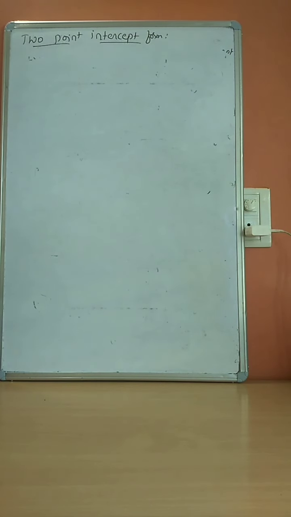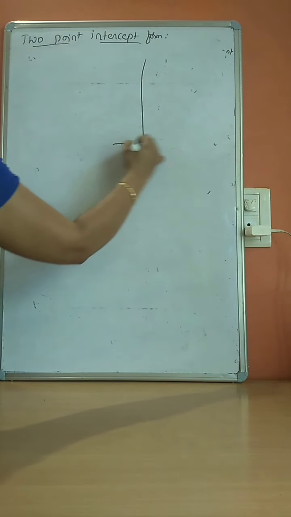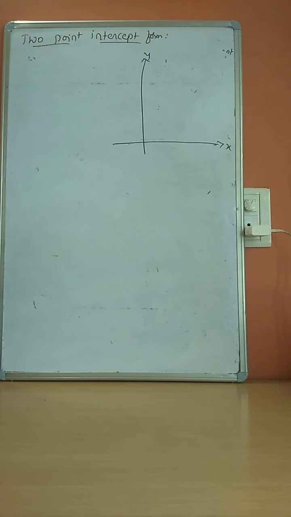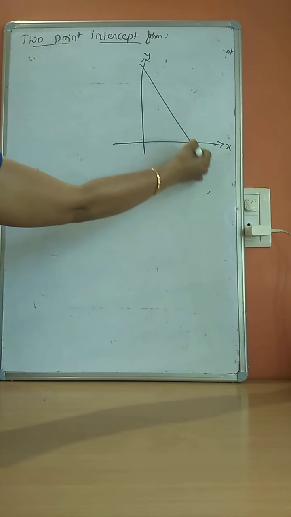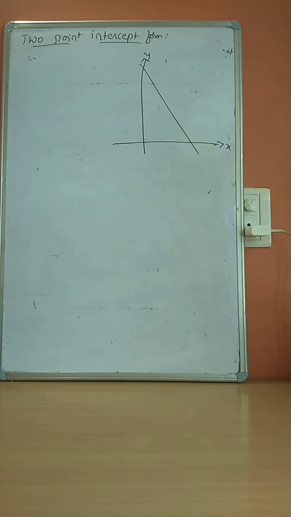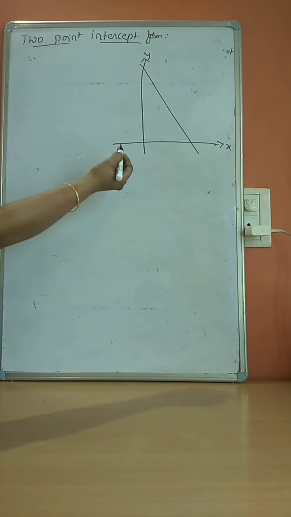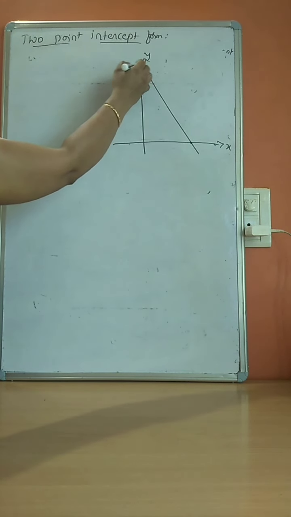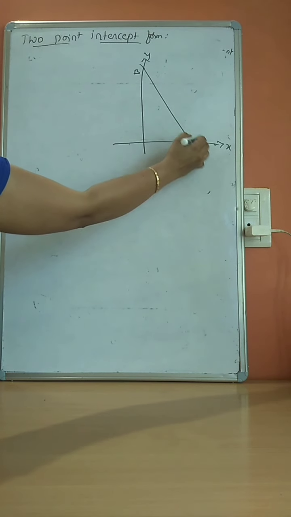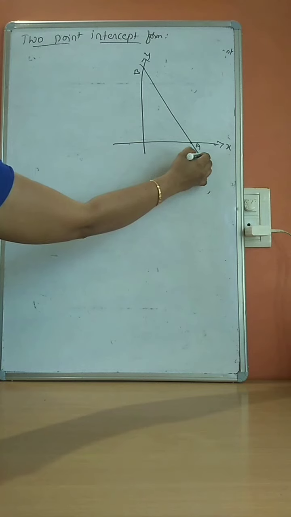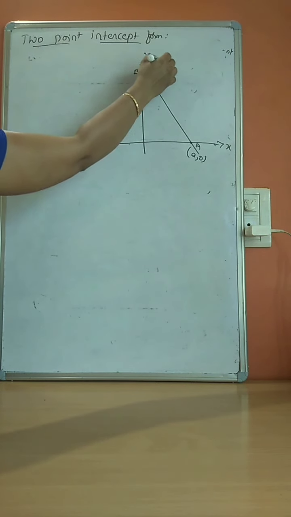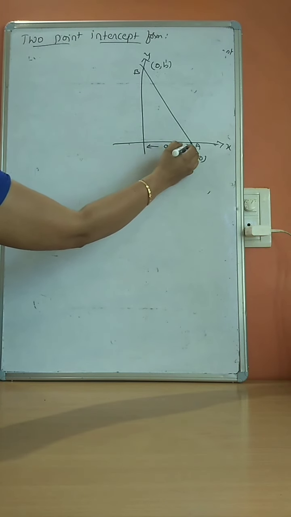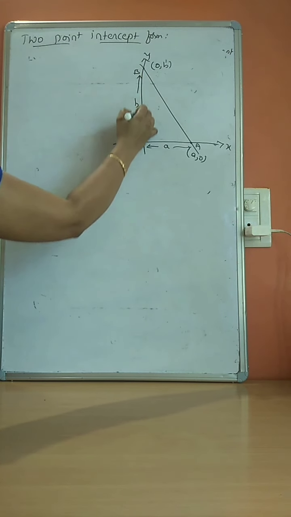As usual, let us take the xy plane. Now let L make an intercept a on the x-axis and b on the y-axis. The line intercepts at the point a on the x-axis, and at b on the y-axis. Therefore we represent these points as a comma 0, and 0, b. So the distance here is a, and the distance here is b.